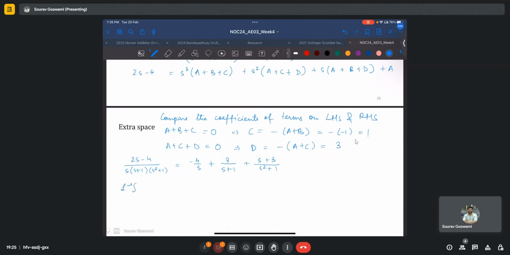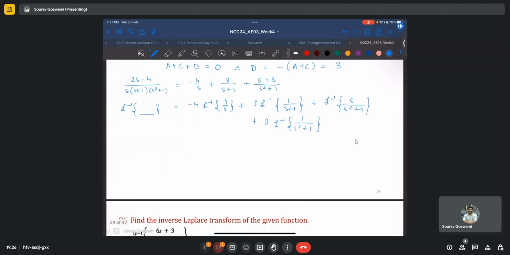So the Laplace inverse of this will equal minus 4 Laplace inverse of 1 by s plus 3 Laplace inverse of 1 by (s plus 1) plus Laplace inverse of s by (s square plus 1), because this term may be mapped to the cosine. Laplace of the cosine has this term. So the inverse can be mapped to the cosine. And thrice Laplace inverse of 1 by (s square plus 1).